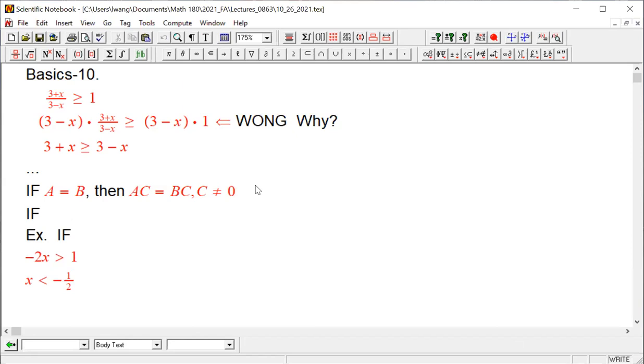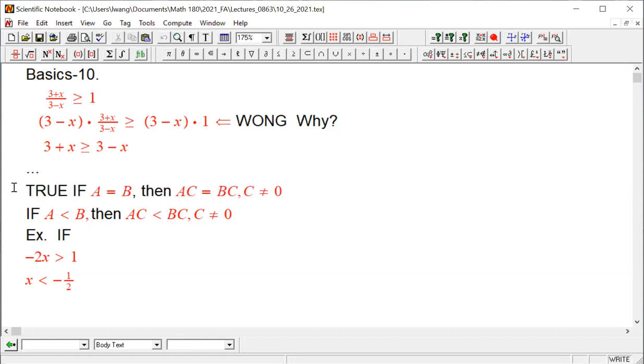But if you have A less than B, then if you do the same thing, this is true, this is false.